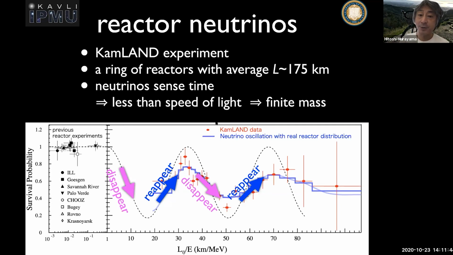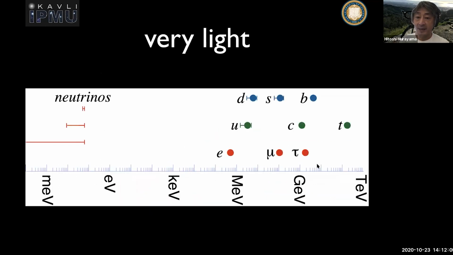But if something is traveling at a speed less than speed of light, it should have a finite mass, because anything that doesn't have a mass, including the photon and gravitational wave, should travel with speed of light, but neutrinos apparently don't, therefore they must have a finite mass. And that is actually the key for this idea. So they have mass, it's finite, very, very tiny compared to other masses of elementary particles, but nonetheless, they have a finite mass.